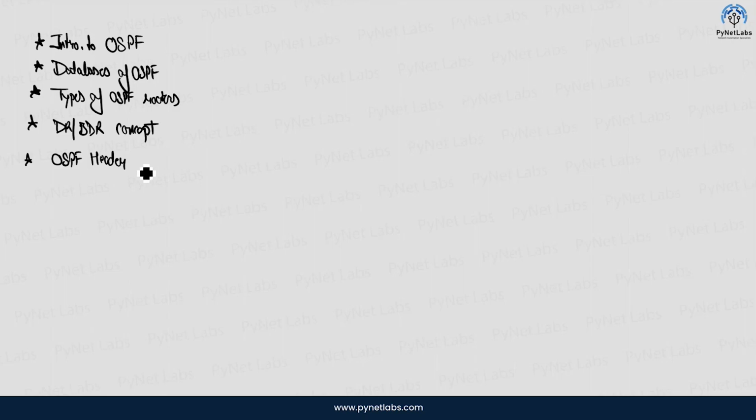With that OSPF header, we'll also see the types of OSPF packets. And after discussing these types of OSPF packets, we are going to go through and get an idea about the finite mechanism of OSPF.